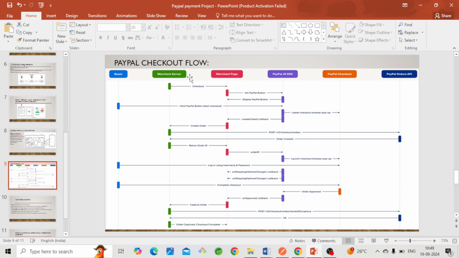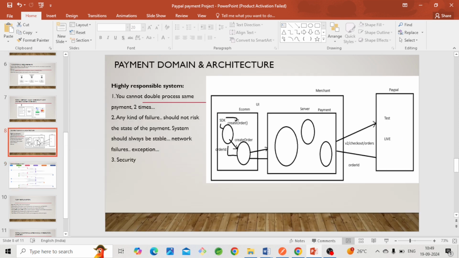Then the merchant page. As we discussed, the merchant page means the front end page of the e-commerce. We are not part of the front end system; we are developing only the backend system.